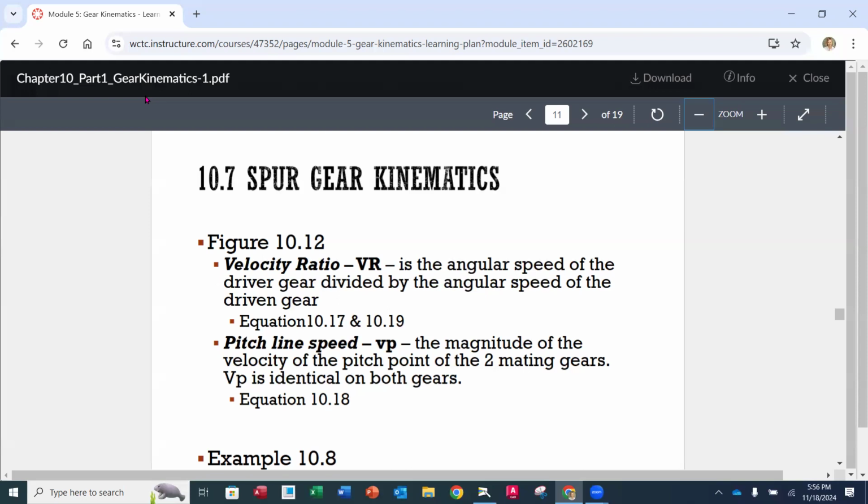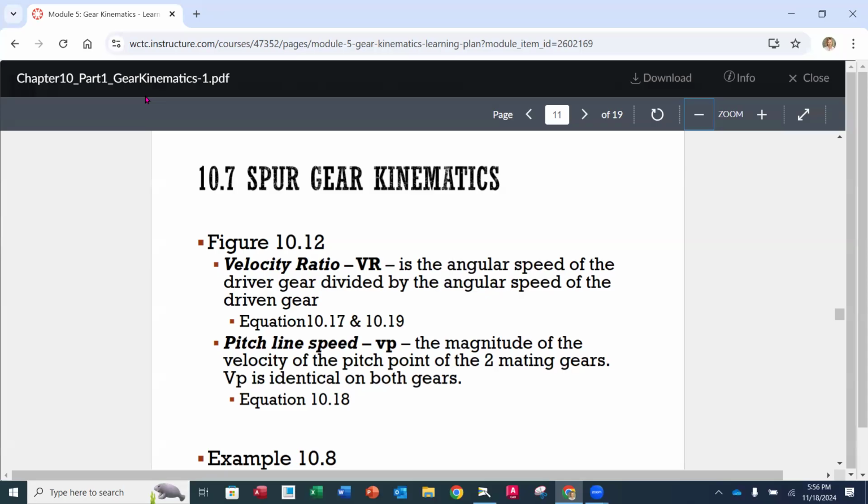Sometimes it's referred to as the gear ratio, or just the ratio between those two gears. And what it tells us is how many times the faster moving pinion has to rotate in order to get the slower moving gear to rotate once.